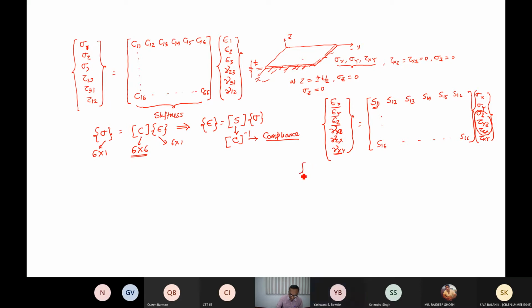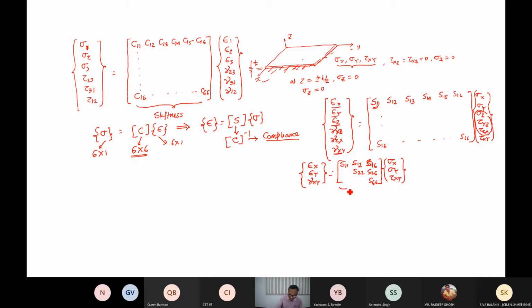So we can now write this as only epsilon x, epsilon y, and gamma xy as a function of S11, S12, and then 0, or you can write S16, S22, S26, and S66, times sigma x, sigma y, tau xy.